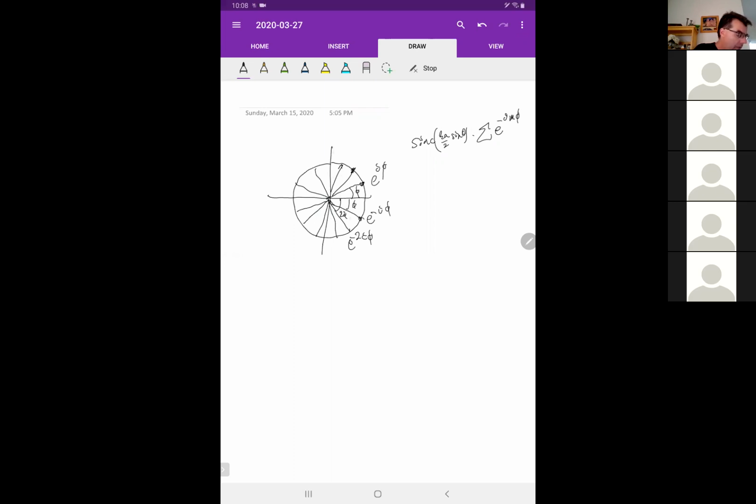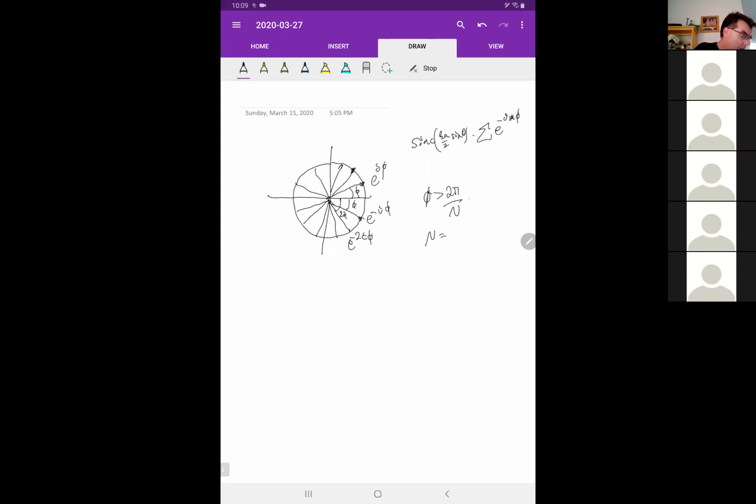Now, if phi is larger than 2 pi over n. Let's make it concrete. Let's say that n is, well, what did I do here? 1, 2, 3, 4, 5, 6, 7, 8, 9, 10, 11, 12, 13.